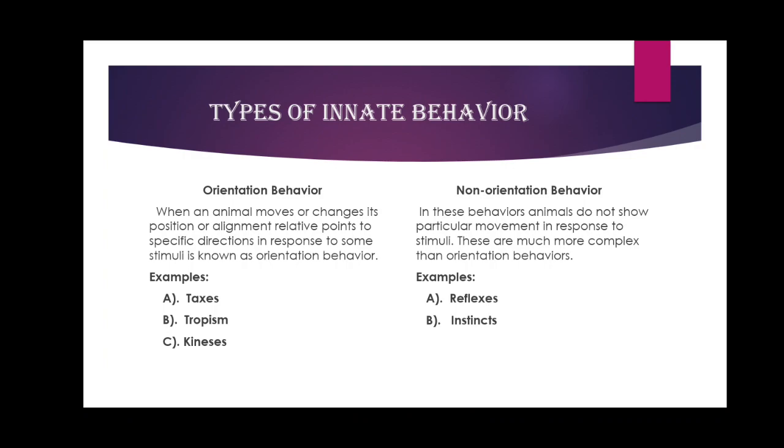Taxis is the movement of an organism or a cell in response to a stimulus. It is a directional movement, and the examples of this type of behavior are bacteria, insects, and protists.